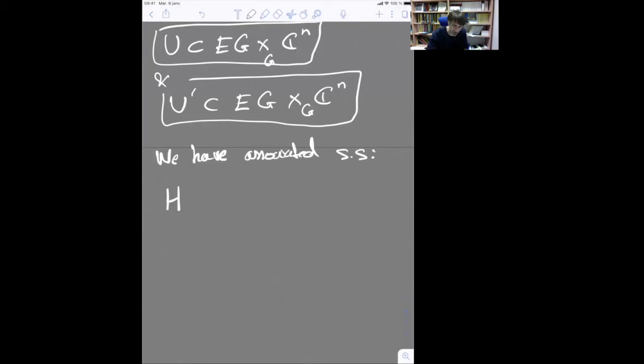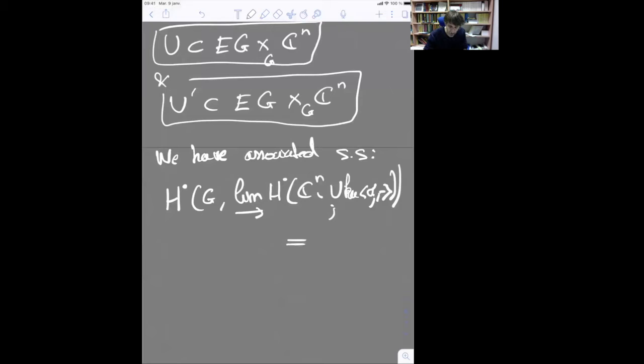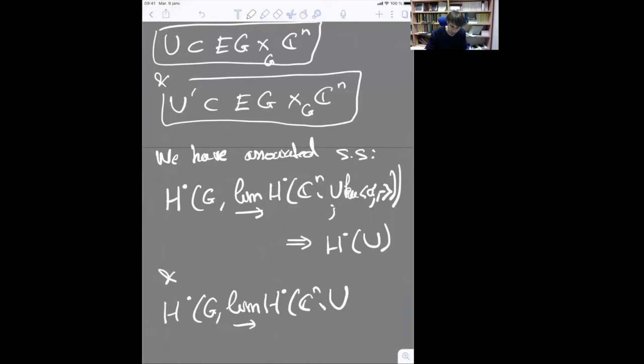The first one goes from the cohomology of G with respect to the limit of the cohomology of Cn minus the union of the kernel of the Cj, sigma j, and this converges to the cohomology of U. And similarly, we have a spectral sequence that now goes, and here the union is over all subsets J as above, and you erase the span.